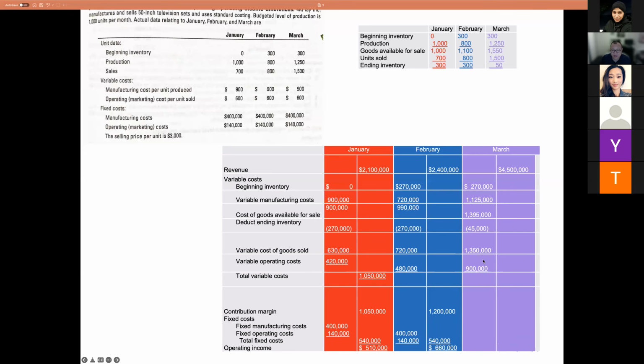So total variable cost is the sum of these two numbers, 2.25 million. Contribution margin, 4.5 million minus 2.25 million, that will be 2.25 million. And the fixed cost is still the same, 540,000. And the difference, net operating income, is $1.71 million.